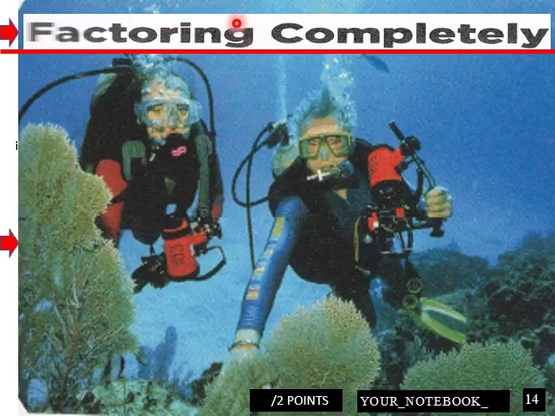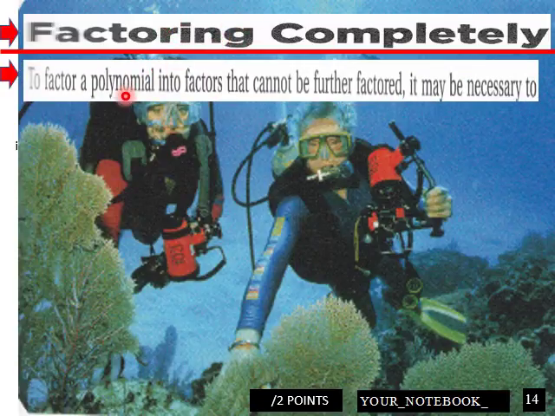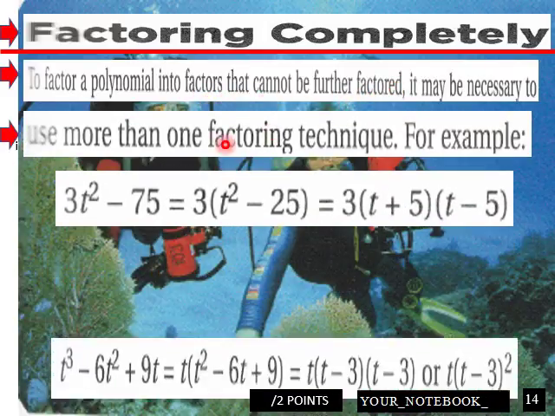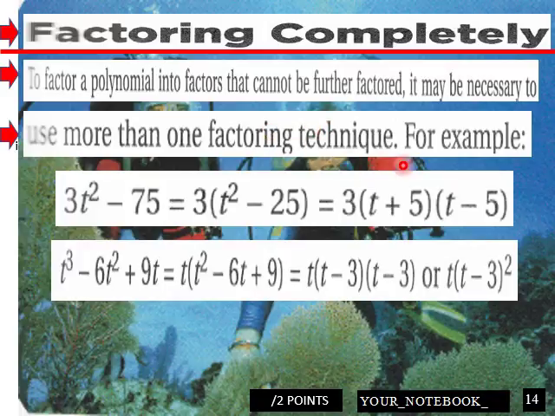So in factoring completely here, to factor a polynomial into factors that cannot be factored further, it may be necessary to use more than one factoring technique. For example, here you could factor out a 3, and you come up with t squared minus 25, which is a difference of squares, and then you get this pattern here.